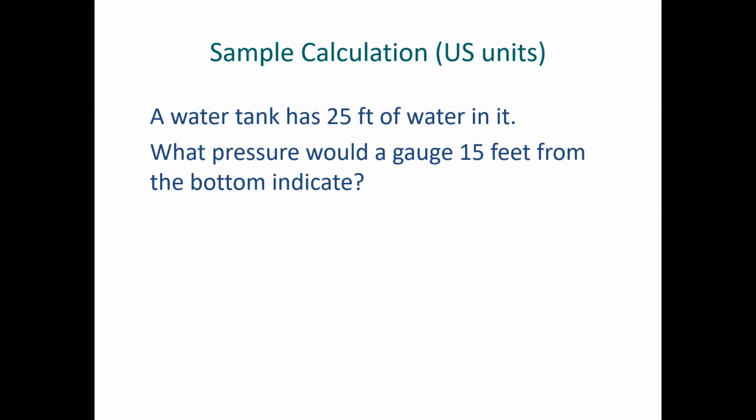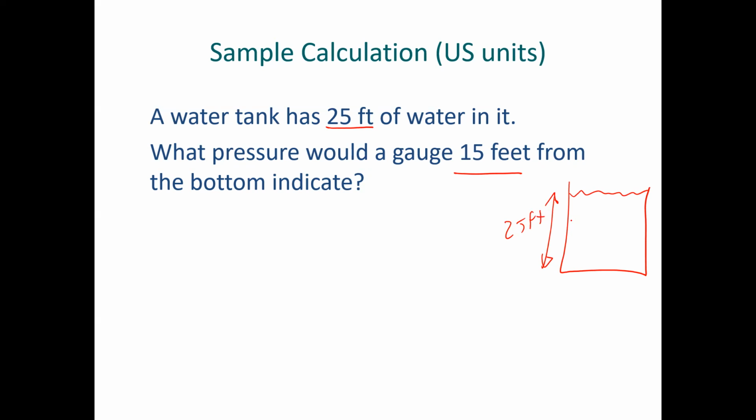You can do the same thing with the American units. So you can see we have a water tank that's 25 feet, and notice in this case the gauge is 15 feet from the bottom. So now we have to think about what we have here. Here's our tank, and the tank is 25 feet.